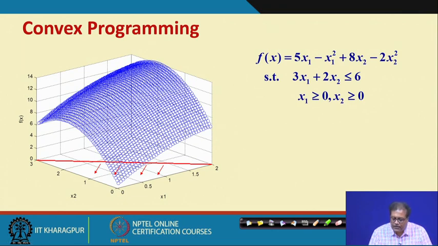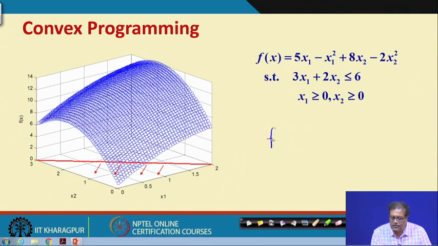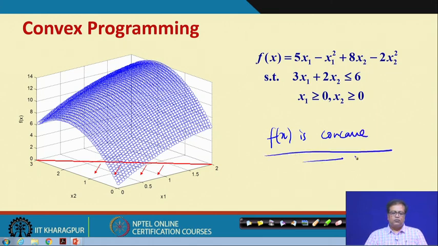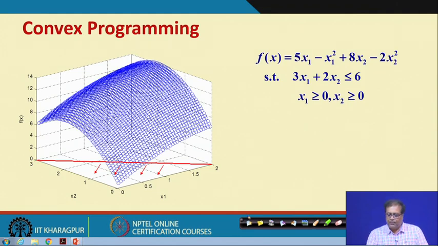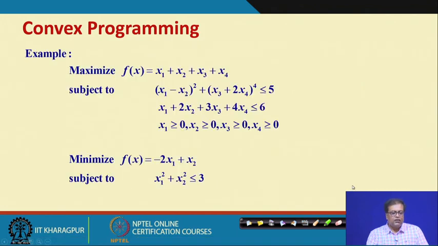So, we find that f x is actually concave, right. Since f x is concave, it is possible to find what is known as a maxima, there will not be any difficulty, right. So, having said that, let us now see other examples.